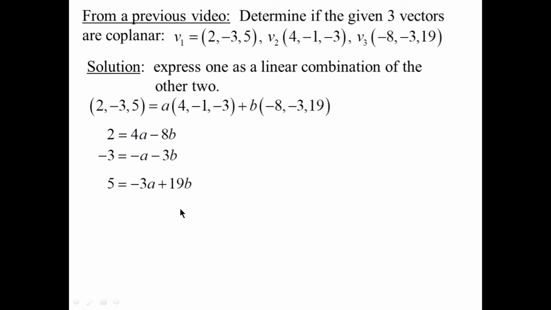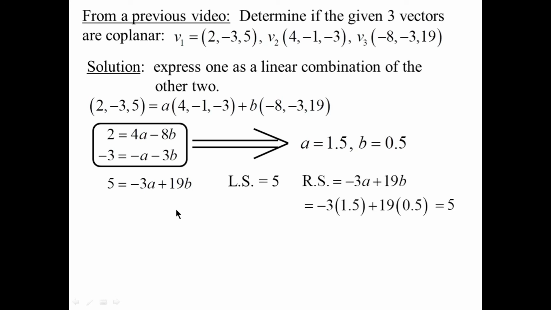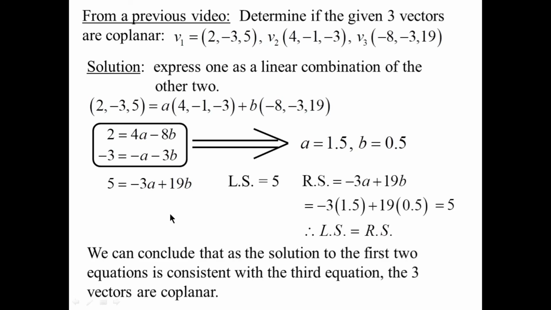And when we have an extra equation, we care very much about whether the system is consistent. So we took any two of the equations and solved them, came up with values that work, and tested it in the third. And it worked. And we concluded that the vectors were coplanar because we were successful in expressing one as a linear combination of the other two.